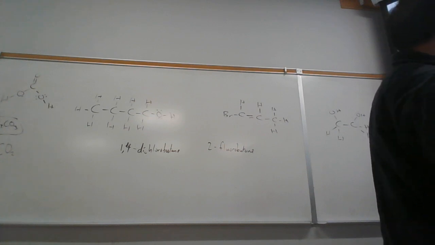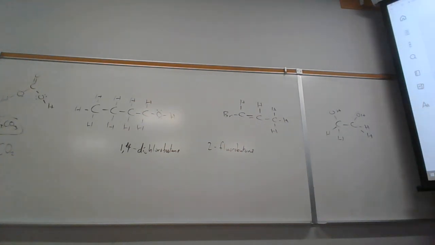And so basically in combustion analysis, we need something that burns. So we can burn this, and when we burn it, we combust it with oxygen and it forms CO2 and water. So we can work backwards from the CO2. From the CO2, we can figure out how much carbon we have. From the water, we can figure out how much hydrogen we have. Now the oxygen gets mixed up because there are two sources of oxygen in our final products.